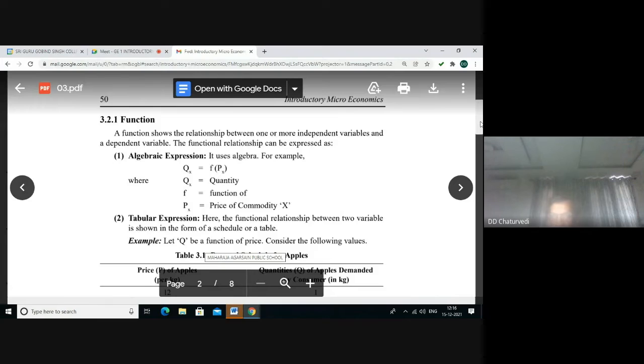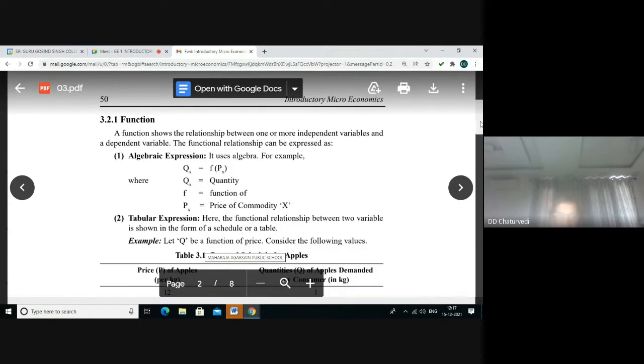Function. As you know, function shows the relationship between one or more variables. One of the variables is the dependent variable and the other variables are independent variables or cause variables.